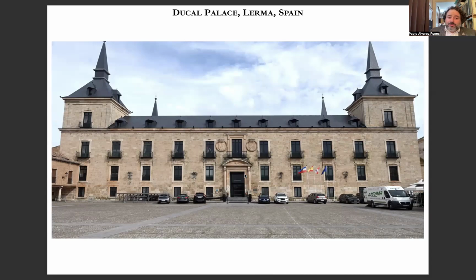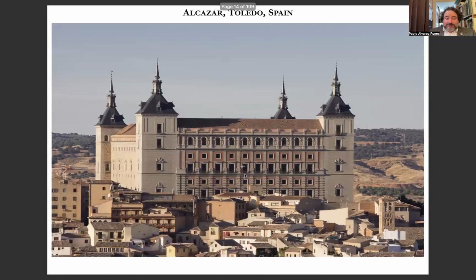But you have all the austere elements, and the towers at the same time are flanking the composition. So bear that in mind, that in a long facade, the only important element is not only the central axis, but also the flanking sides or flanking elements.